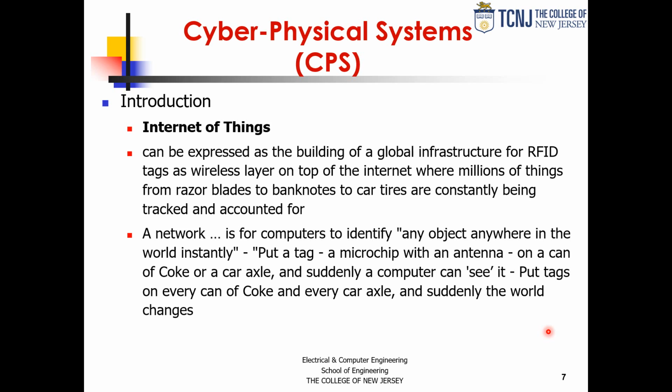But because these things are so inexpensive, we can put them anywhere, on soda cans, different parts of cars, so we can get an instantaneous account of when each part was put into the car, if there were repairs, or if all the original parts are in a car, and track different types of objects and equipment and assets. It's really up to our imagination to come up with an application for the technology.